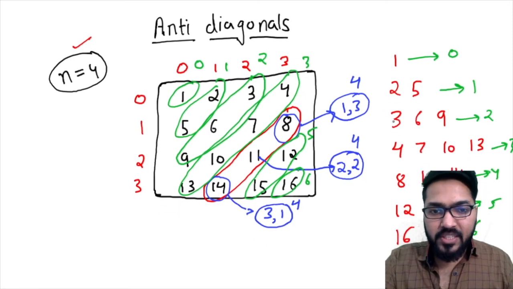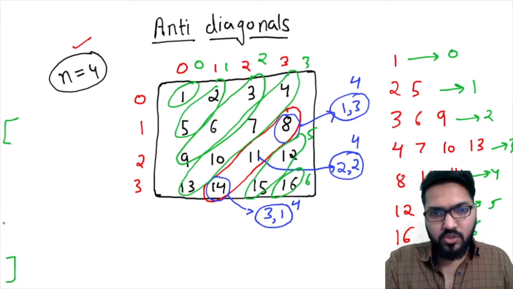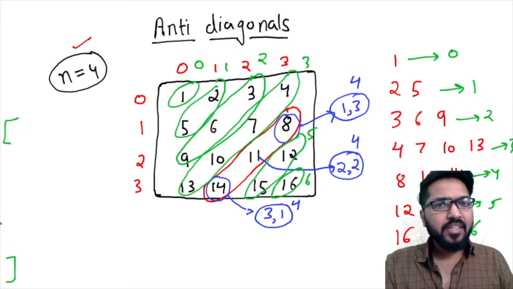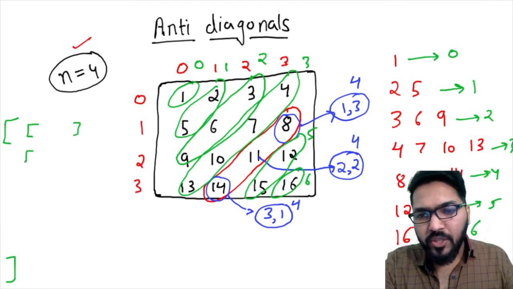So this is how we are going to solve this problem. We are going to take a 2D vector. I'm sure you already know what a vector is. It is sort of a dynamic array, right? In this 2D vector, obviously we are going to have 7 vectors.